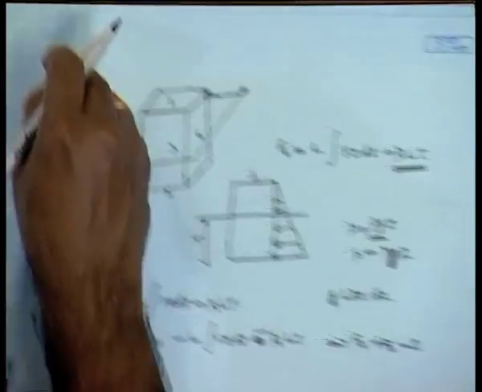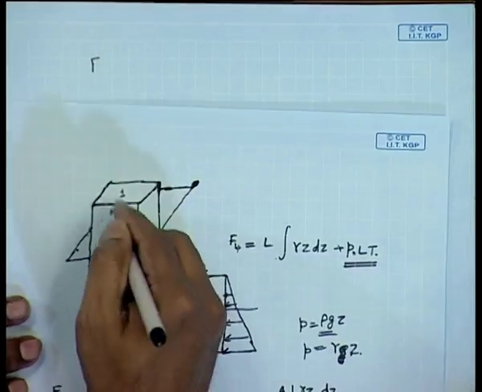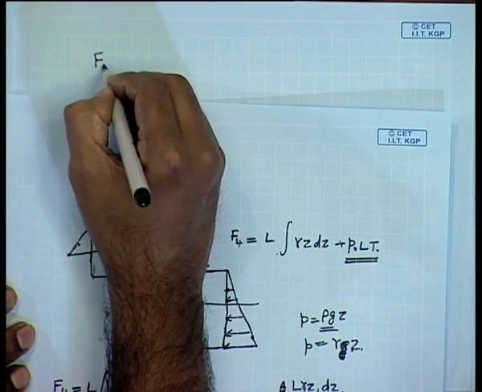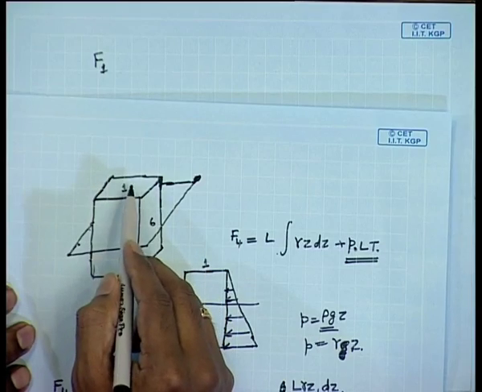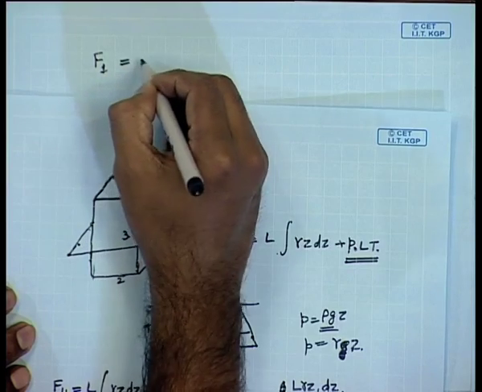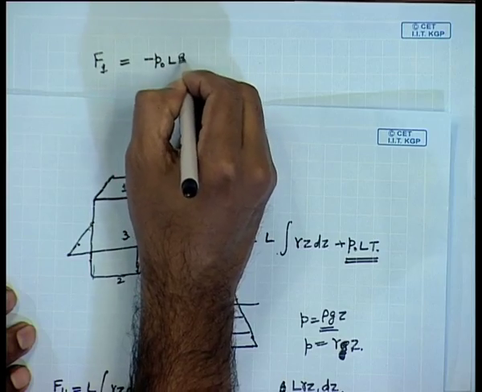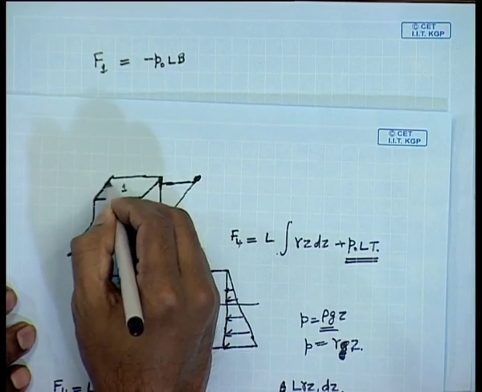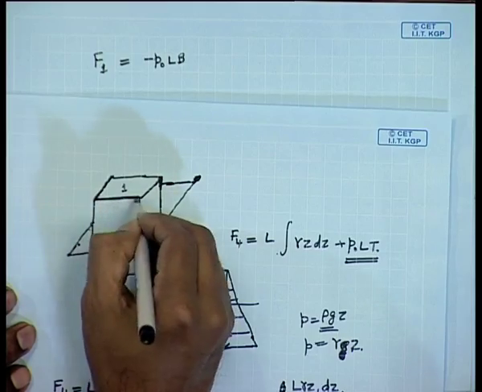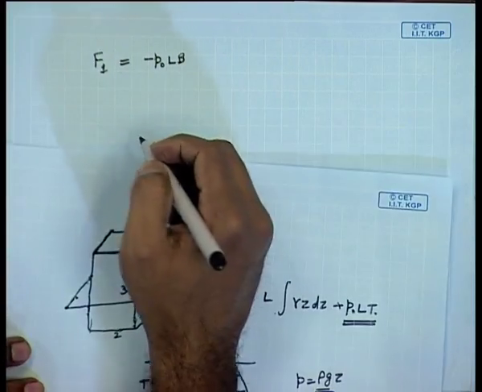Now let us look at the vertical direction. This one, F1, as you can see, is on the one phase. F1 will be equal to minus P0 into L into B. L is this and B is this. So, L into B gives the area, and P0 L into B gives you the force on the side 1.